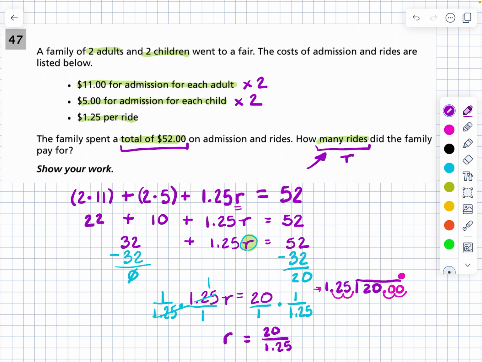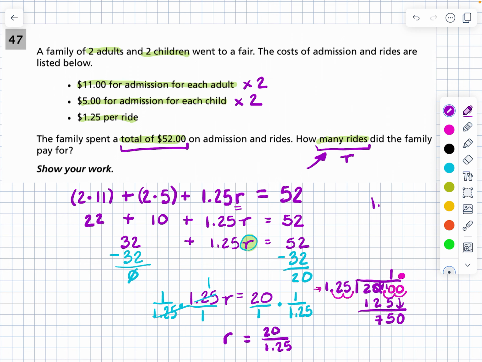So now, how many times does 125 go into 200? Well, it's only going to go in once. So that's 125 here. Then I'm going to subtract, and I should end up with 75. Yeah, 75. And I can bring down the 0. So how many times does 125 go into 750?